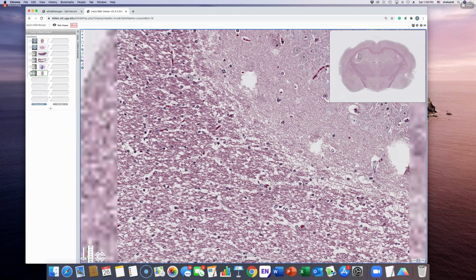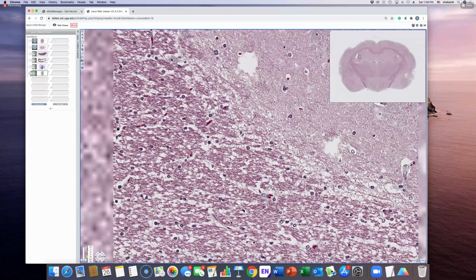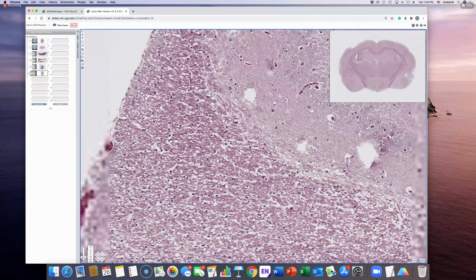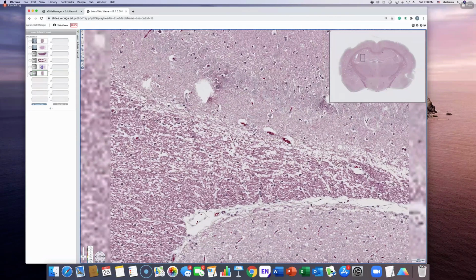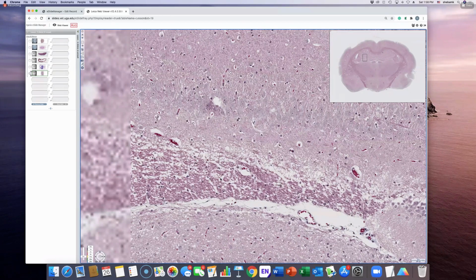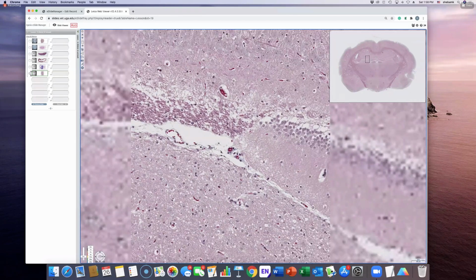In the white matter, these nuclei belong to who? Oligodendrocytes? Yes, awesome. These are glial cells associated with the axons because they form the myelin sheath. All this is white matter right here, and there is gray matter.